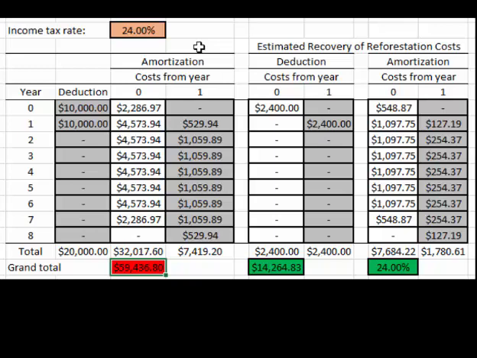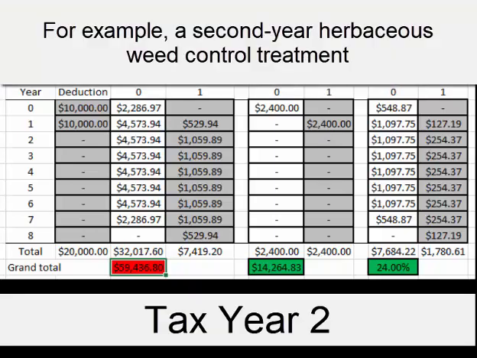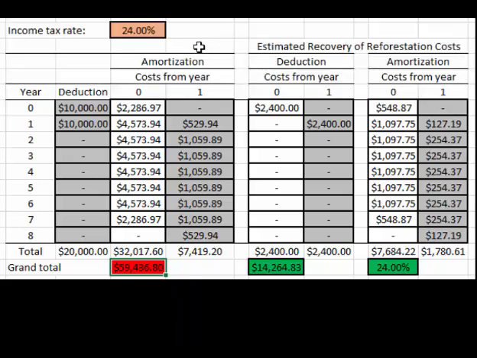And if you had additional treatments, say in year 2, and you could justify them as reforestation cost, and you feel the IRS would agree with you, then you could also receive some tax benefit for those costs. Nonetheless, for this example, we just assume we have reforestation cost over 2 tax years.